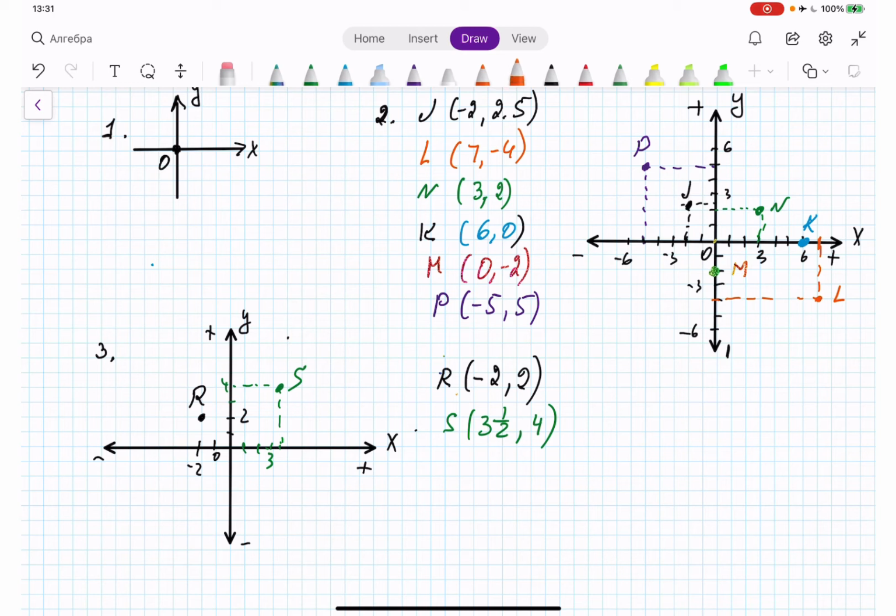Next, we have 3, 4, 5, this is negative 5, and this is 1, 2, 3, 4, 5, and negative 6. And my point is here. And this is letter T. My letter T, the first coordinate is x, negative 5. The second coordinate is y, negative 6.